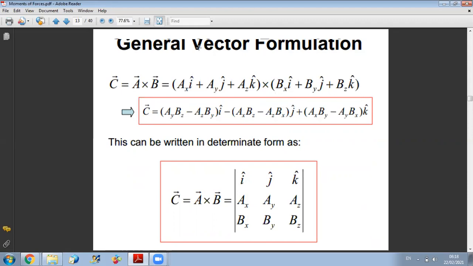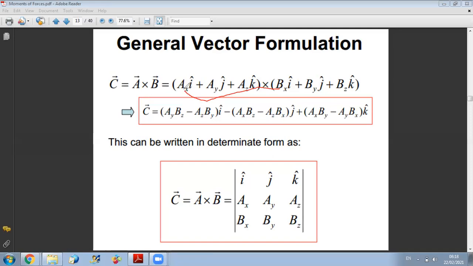Now if I want to do the vectorial product, what will happen? I will expand term by term, like when I multiply numbers. I start with ax bx times i vectorial i, which is 0, so I can neglect this.